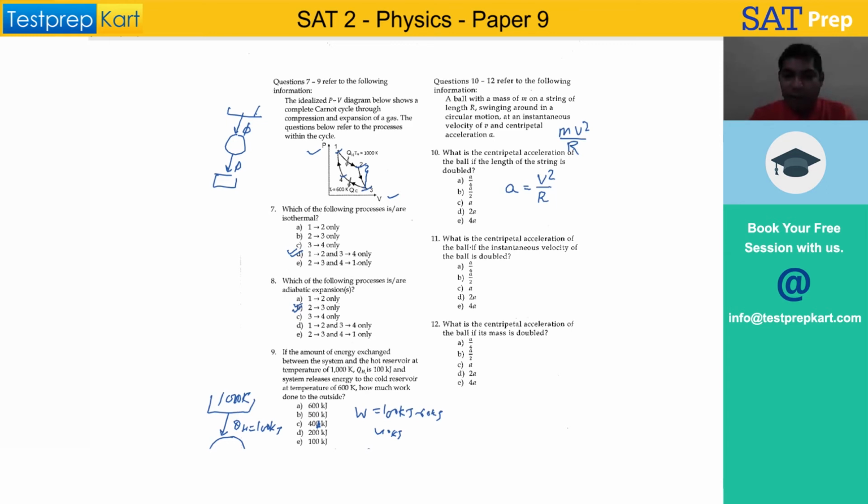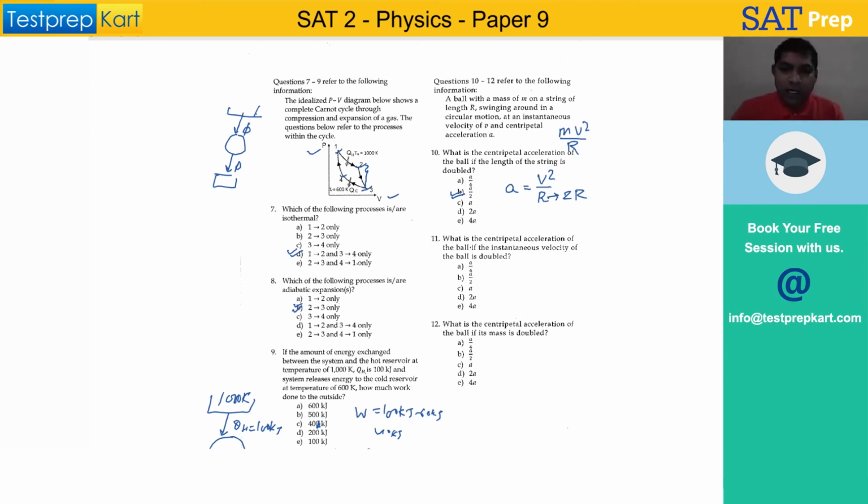If we divide by mass, then we'll get v square over r. So the question is, what is the centripetal acceleration of the ball if the length of the string is doubled? If we change r to 2r, then the acceleration will be half of the initial acceleration. So option B will be correct for question number 10.